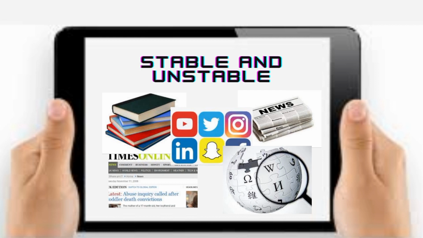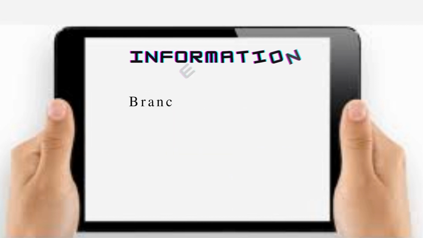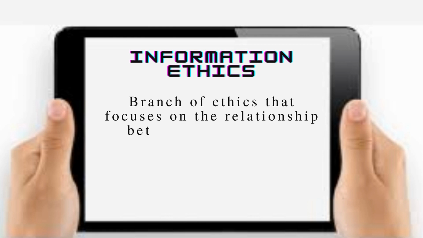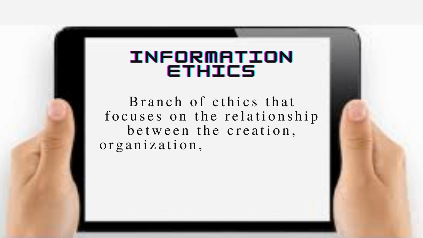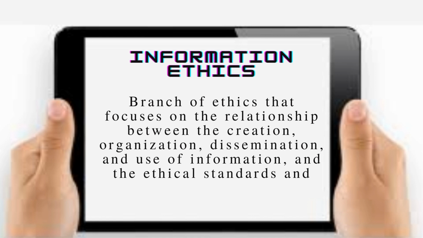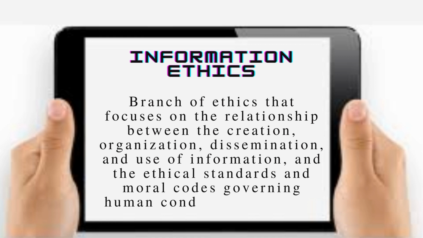At the end of that discussion, we identified the information ethics that help us focus on the relationship between the creation, the organization, and how we disseminate this information, and also the proper usage of the information we gather offline and online, following the standards governing human conduct in society.